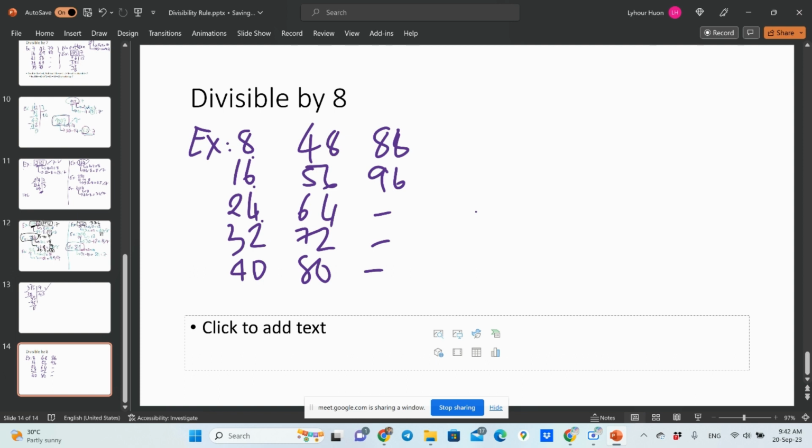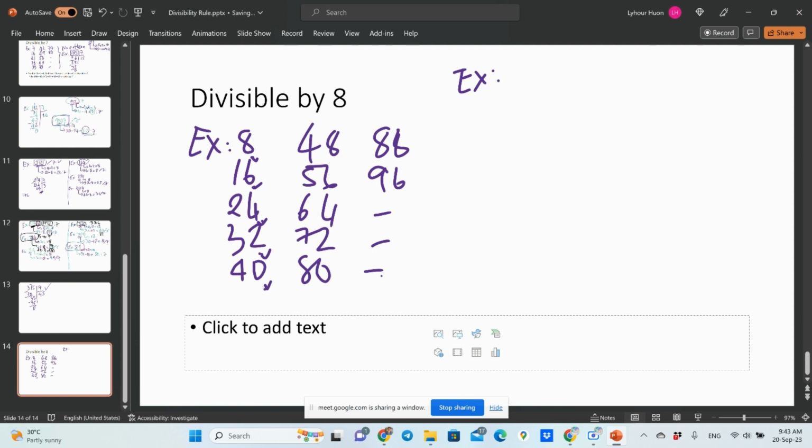Now can we conclude the pattern is, if it ends with 0, 2, 4, 6, 8, it will be divisible by 8 or not? So can you give a large number that ends with these digits?